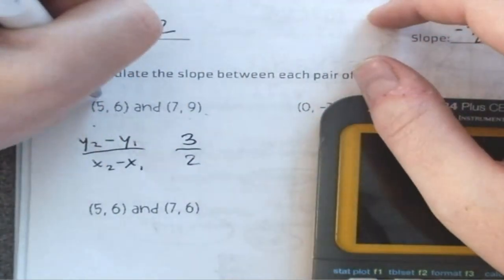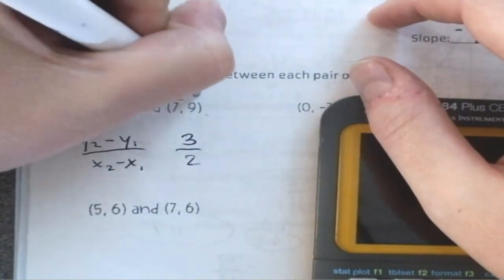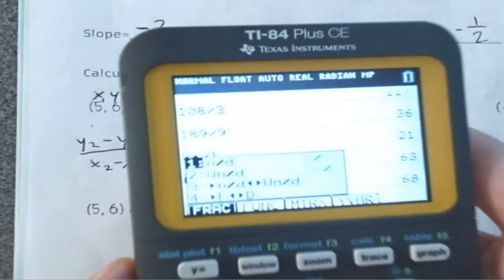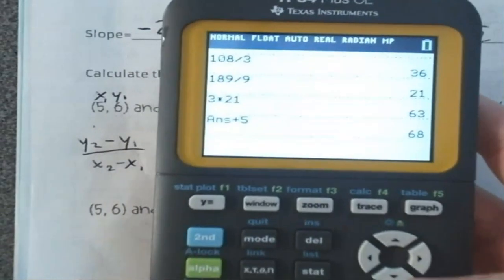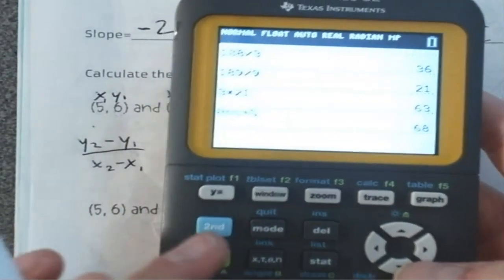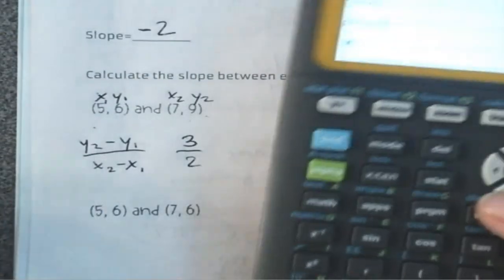To do this is to label it x1, y1, x2, y2, and you can put this entire thing in the calculator. Do you guys know how to get to the fraction in the calculator? Yeah. The alpha y equals inner will get you to the fraction.